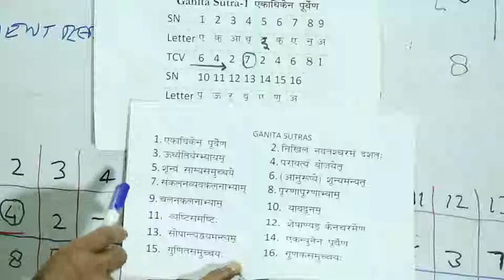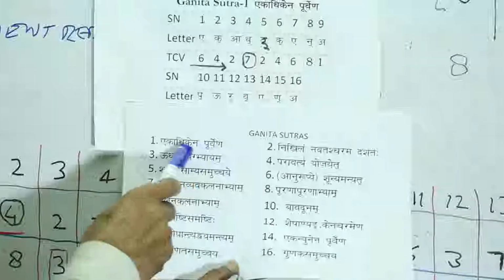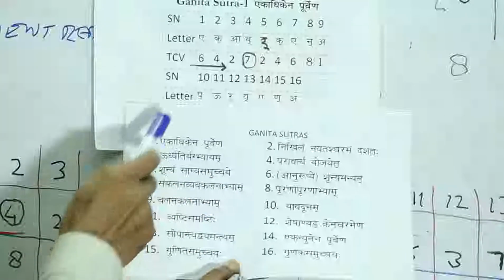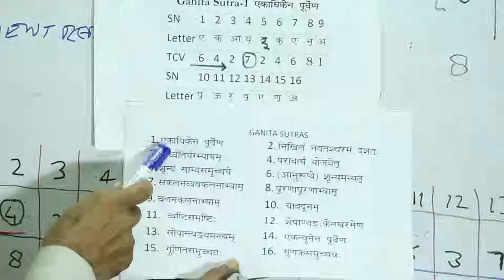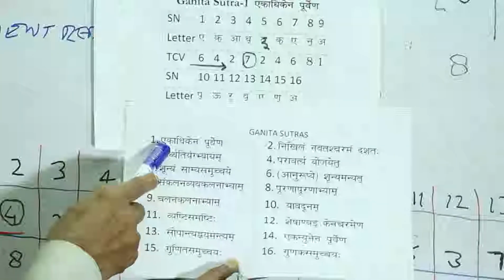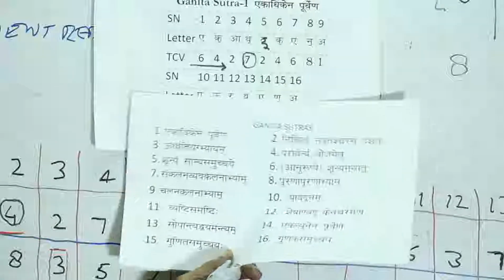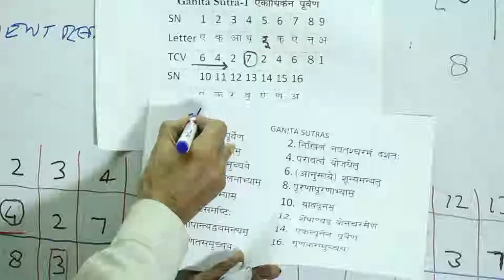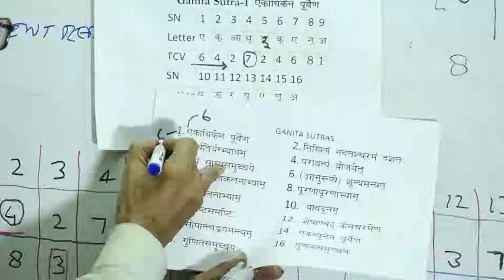What is the attainment reach of the mathematical domain of Ganita Sutra 1? For it also we are having the value 6. The first letter A gives us the structural key of Ganita Sutra 1, and simultaneously this letter, with value 6, also gives us the attainment reach.